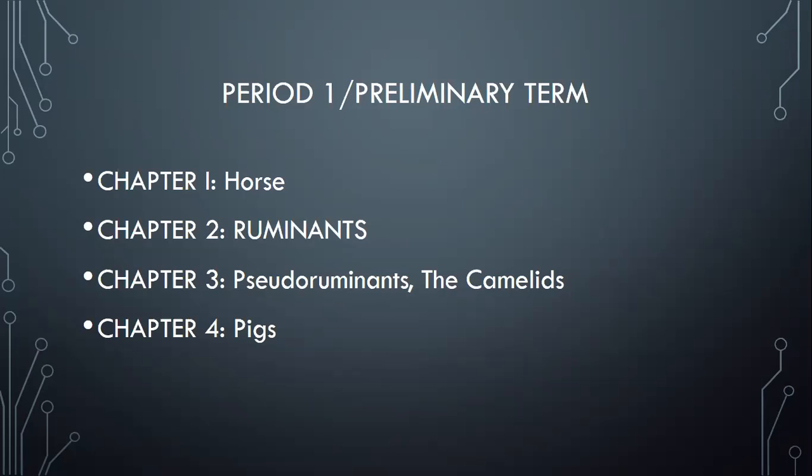For period 1, the preliminary term examination, we have the horse, the ruminants, the pseudo-ruminants, also known as the camelids, and the pigs. That's 4 species.